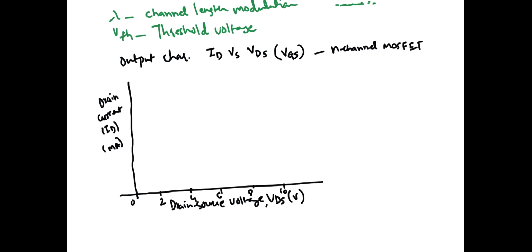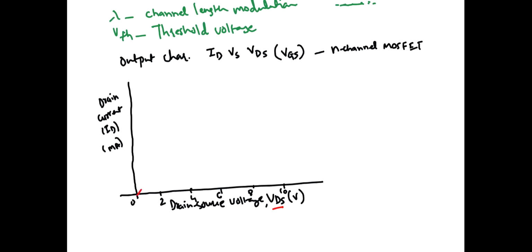And then you say, I want to draw the current relationships for the applied values of the voltages. So you start with, let's say, a very small value of VGS, let's say VGS equal to 0.5 volt. Then when you apply the input voltage, and for increasing values of VDS, current starts increasing.